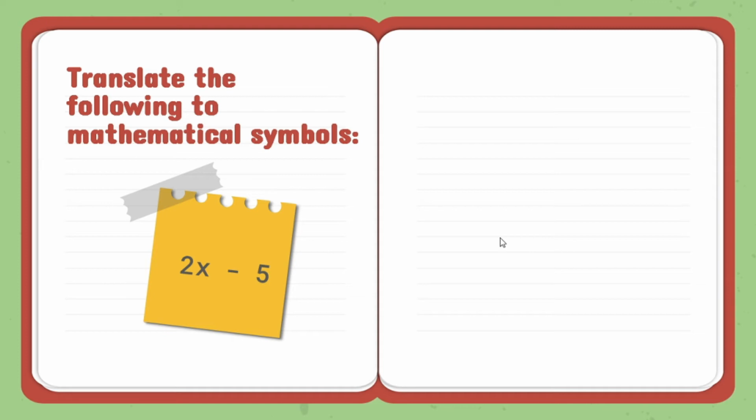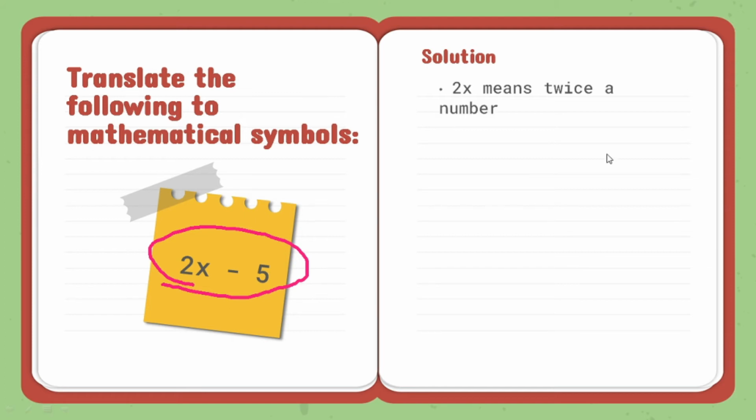Now, what if we have 2x minus 5? This time that is the given, and we translate it the other way around, vice versa. So, the first thing to do is to say how we would express it verbally. We have 2x minus 5. Let's start with 2x. This 2x means twice a number, right? Because we don't know x yet. So, x represents a number, the unknown number.